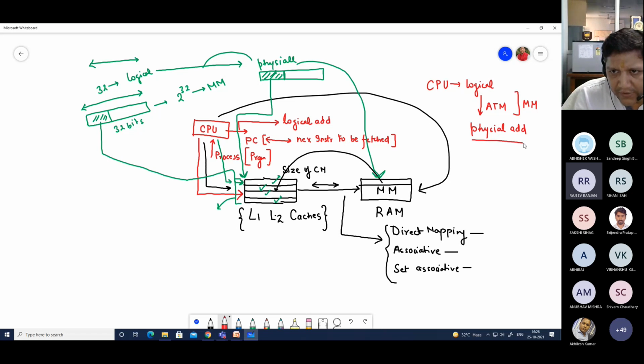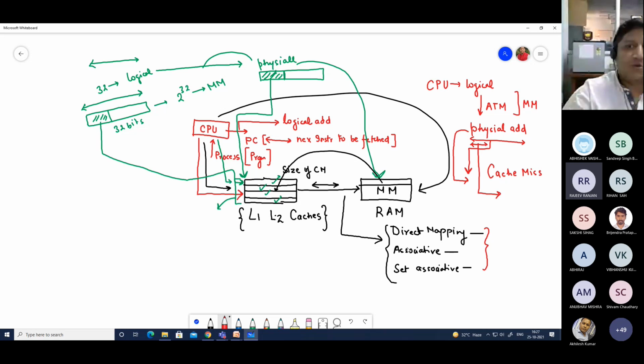So if the physical address where it is mapped is not available in cache, it is termed a cache miss. Then you bring that particular main memory block into cache. But where in cache? There are many blocks, so that is the mapping technique: which main memory block would be mapped to which cache block. Using some bits of this physical address, the cache block will be accessed. This is the whole process.